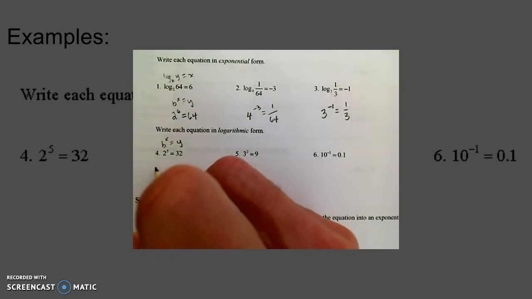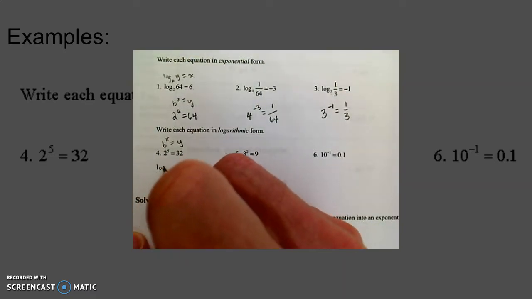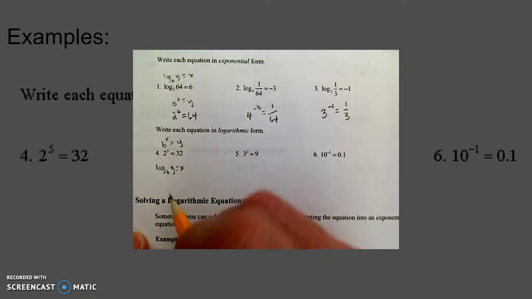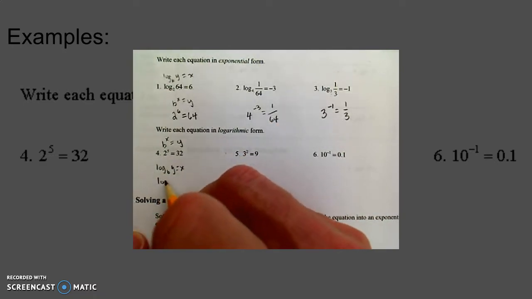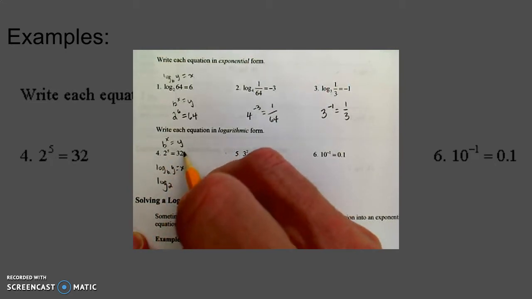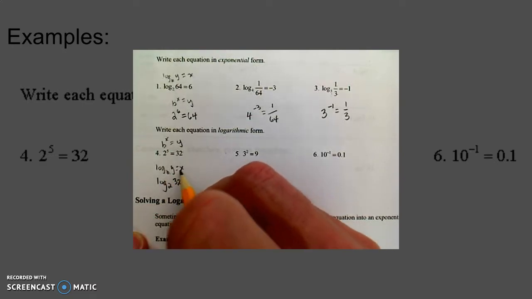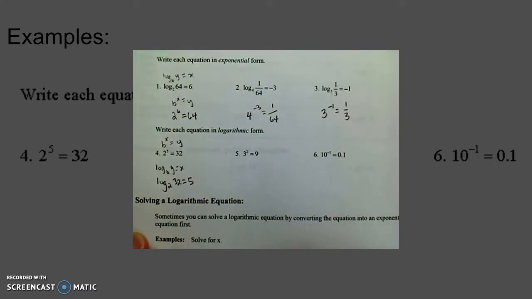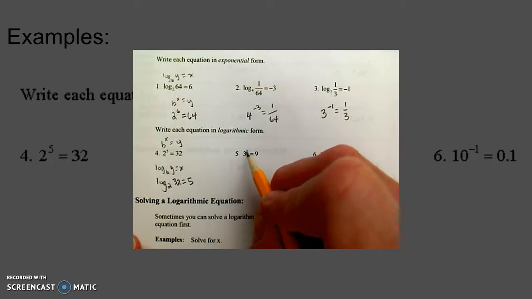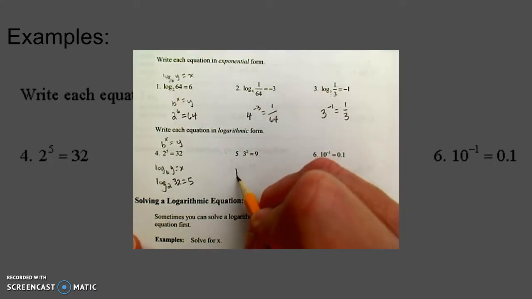We want to rewrite that in the form log base b of y equals x. So log, the base was 2, the value y, 32, and the log is the exponent. So log base 2 of 32 equals 5.